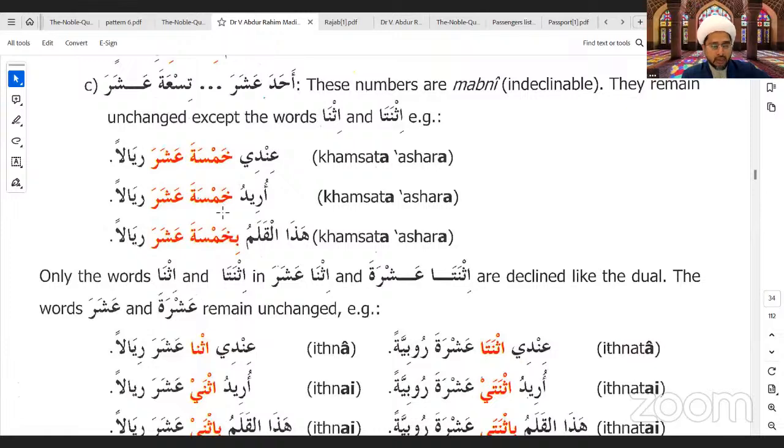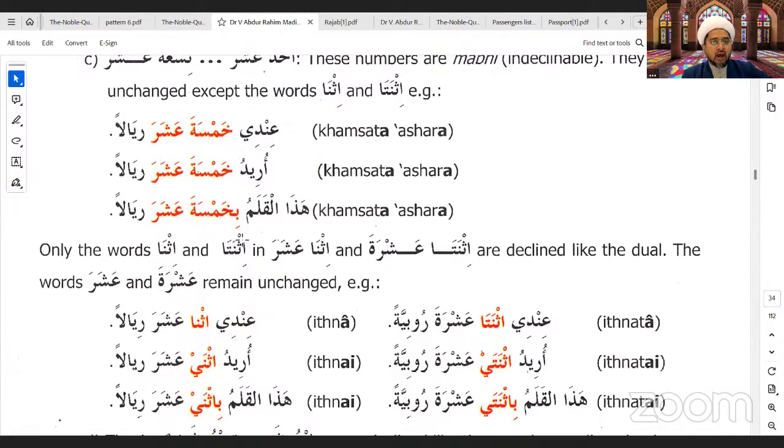And in the third case, هذا القلم بخمسة عشر ريالا. Normally, if it was numbers from 3 to 9, we would have said بخمسة عشر, for example. Ashari, of course, doesn't change, but I'm just giving you an example, بخمسة.